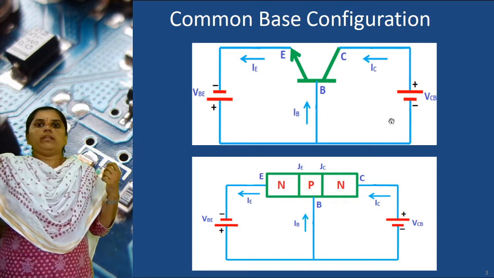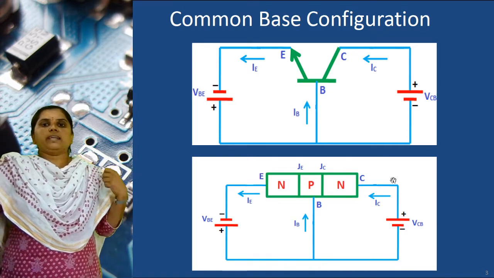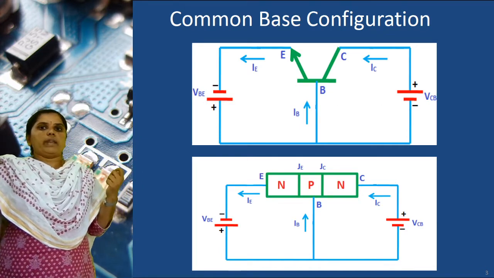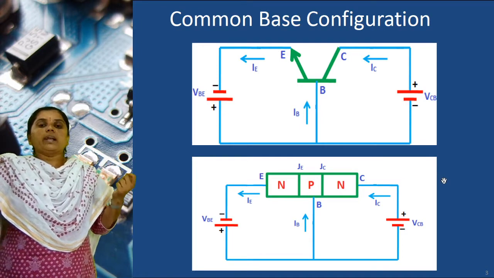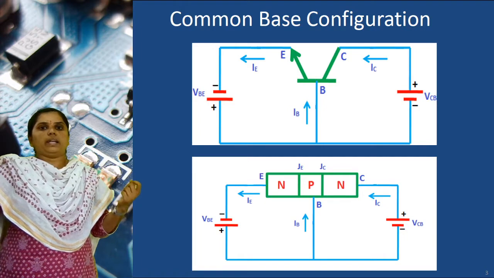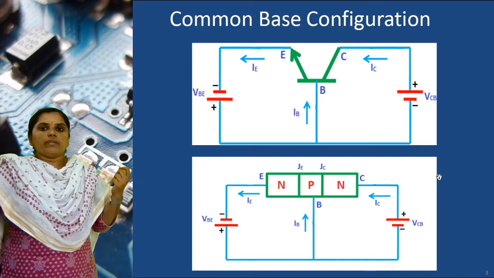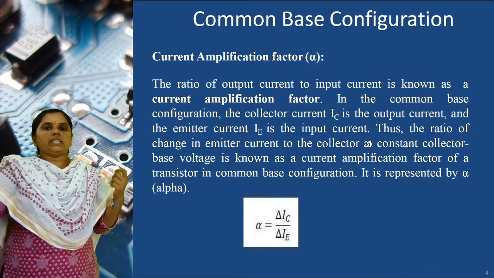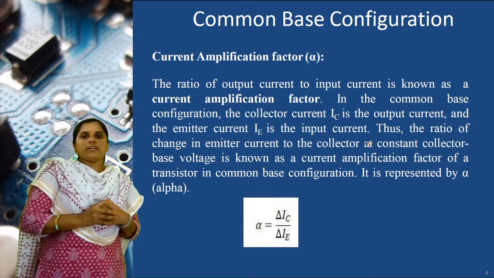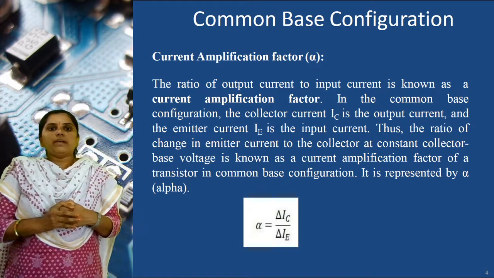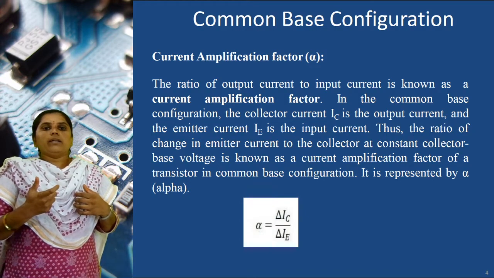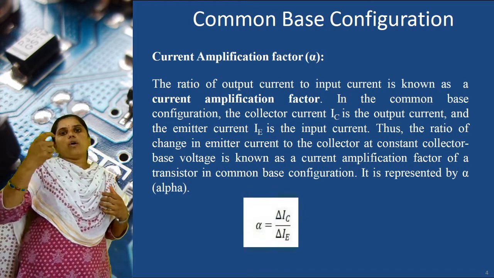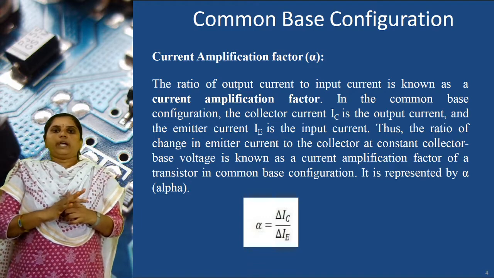Before we go to the input characteristics and output characteristics of the common base configuration, first we will learn about the current amplification factor. The current amplification factor is nothing but the ratio of output current to input current.